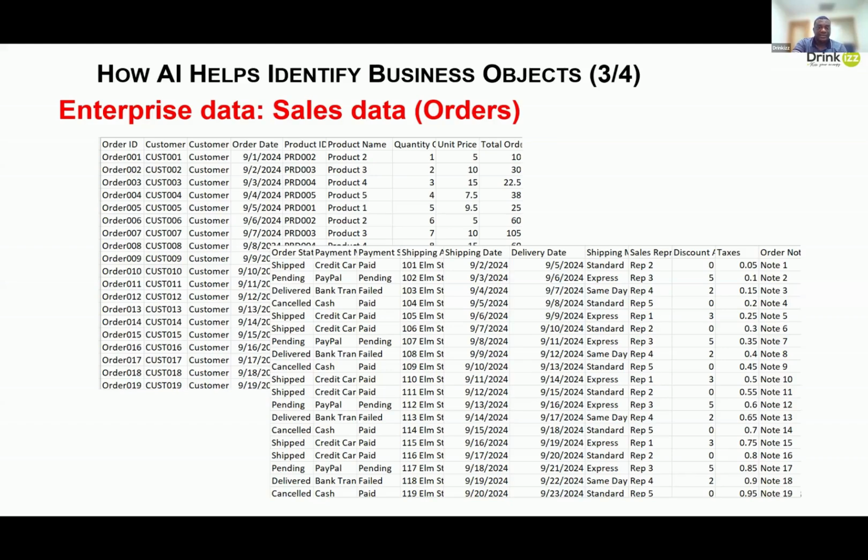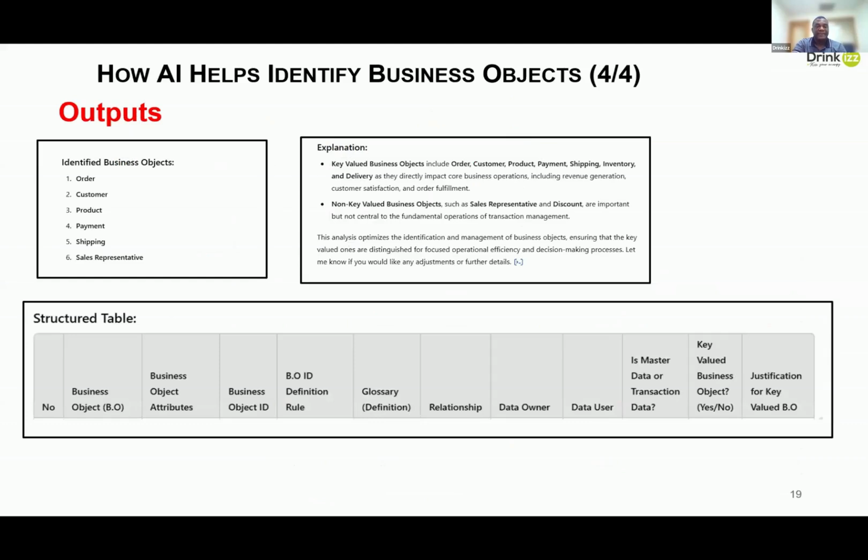So now, finally, let's look at the output. We can see here the AI identified the key business objects from the input data. You can see here we have the list: order, customer, product, payment, and shipping.